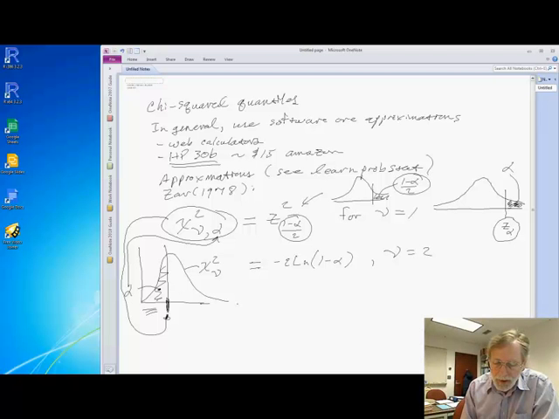But if you have more than that number of degrees of freedom, then you have to compute this long-winded approximation, which actually works pretty darn well for even small degrees of freedom, and then it works really well as the degrees of freedom gets bigger.